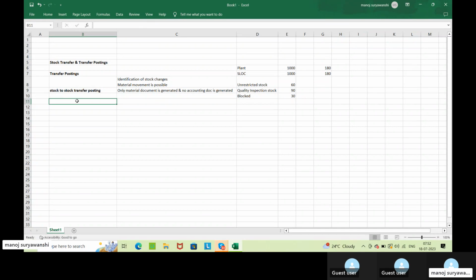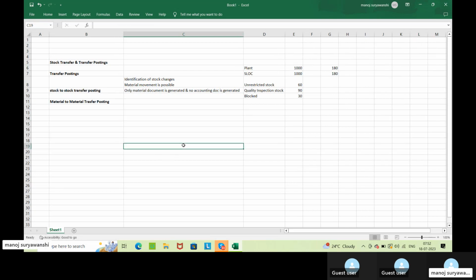Okay. Now, the next type of transfer posting is material to material transfer posting. Now, what is material to material transfer posting? So, in material to material transfer posting, we transfer stock quantities of one material to another material.